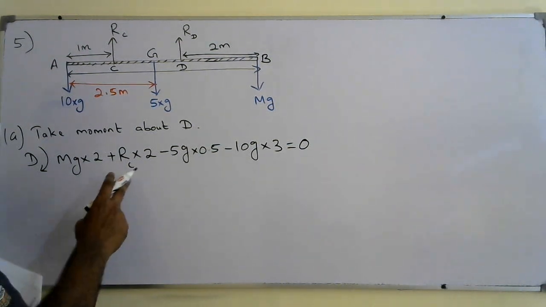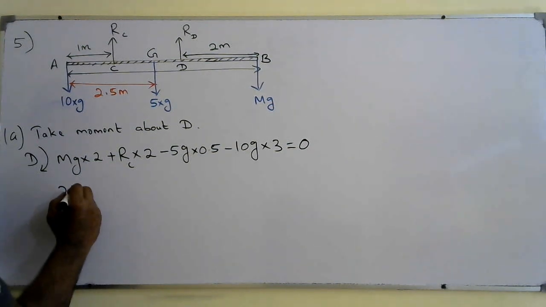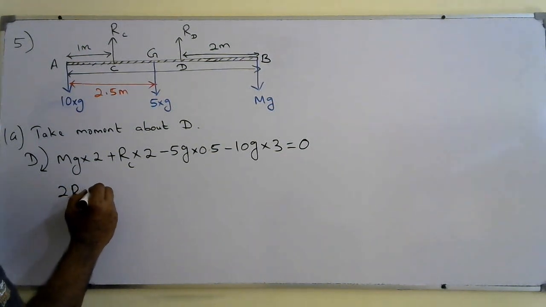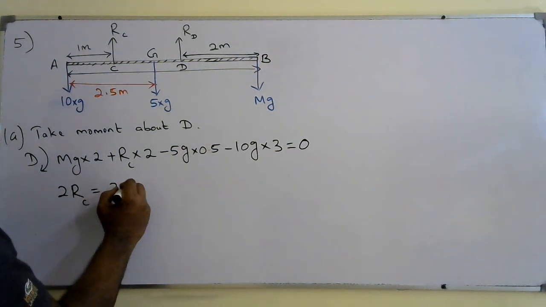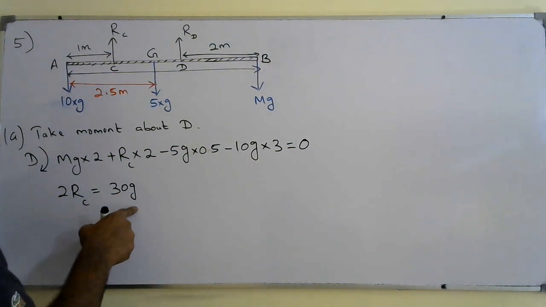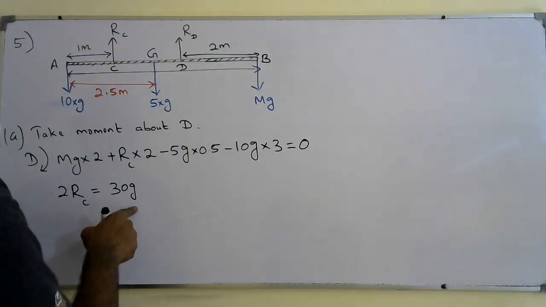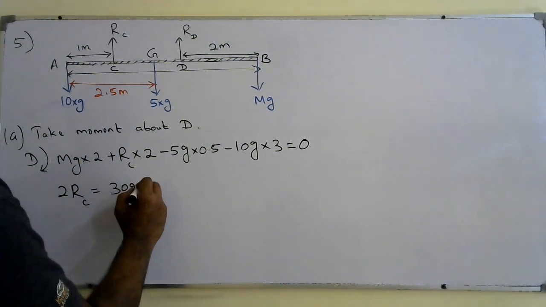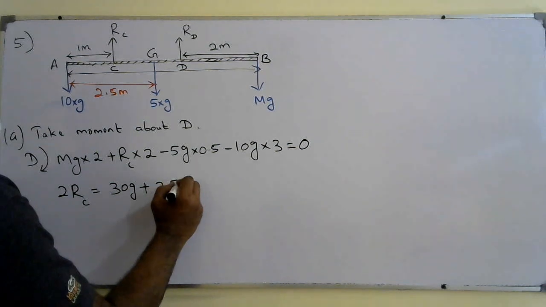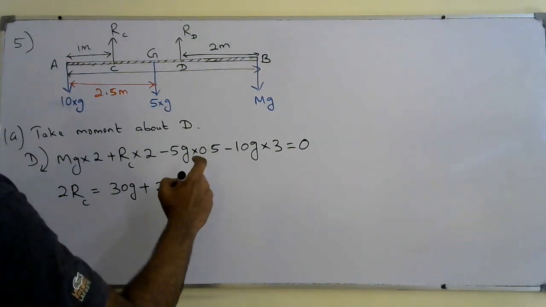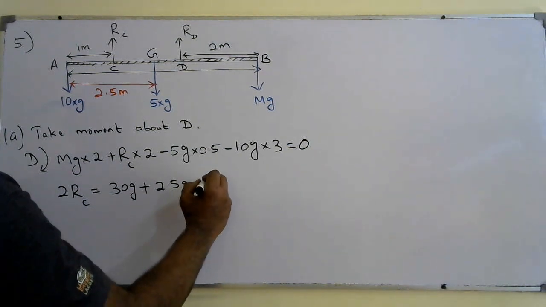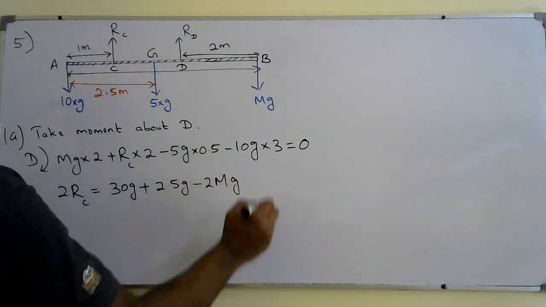So that's going to be 2RC equals, take to the right side, this is 30G. G is 9.8, not gram, but 30G. If you take plus 2.5G, this one 2.5G, minus 2mg.